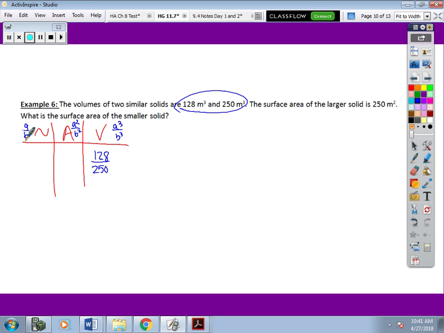How do I get back to my similarity ratio? How do I get back to a over b? Cube root it. You'll find out if you type it in, 128 and 250 are not perfect cubes, which means we should reduce the fraction first.